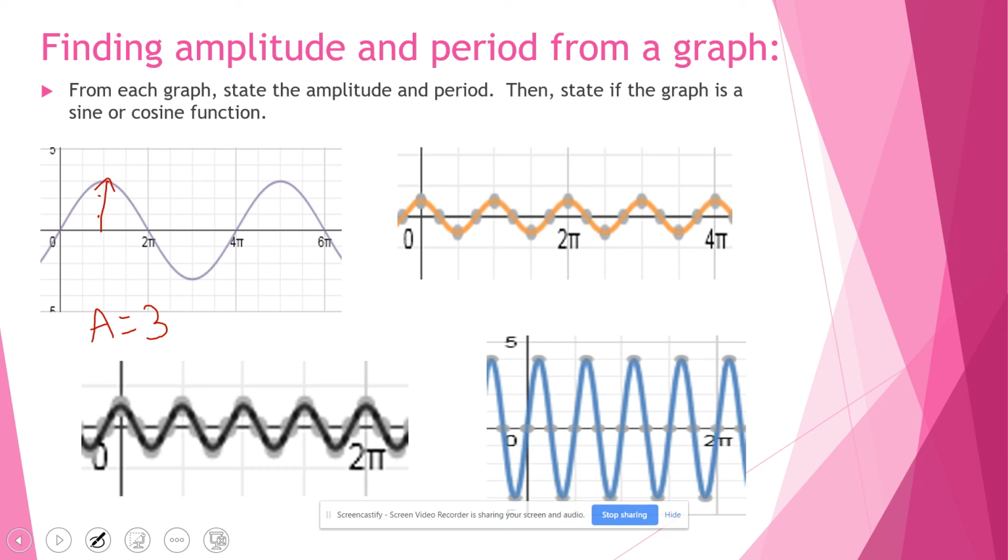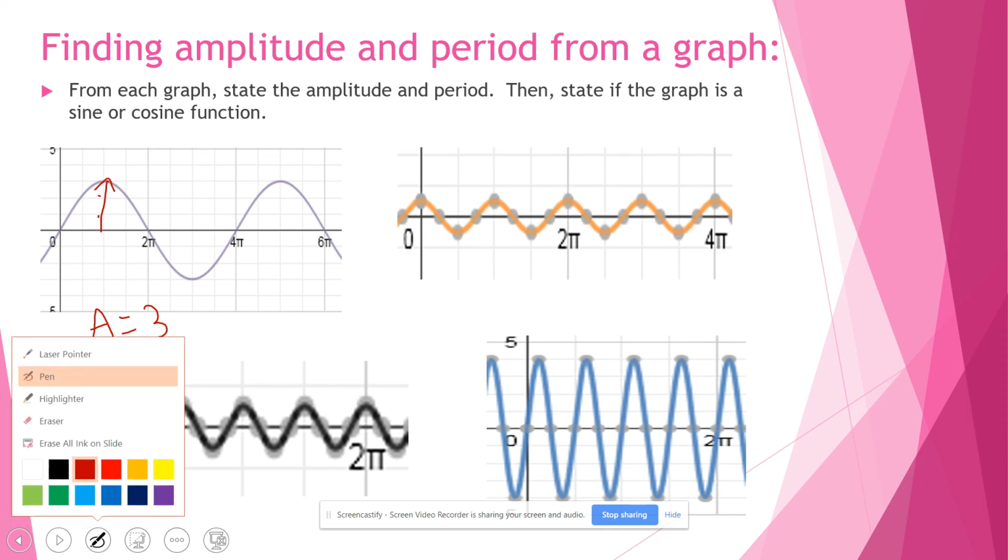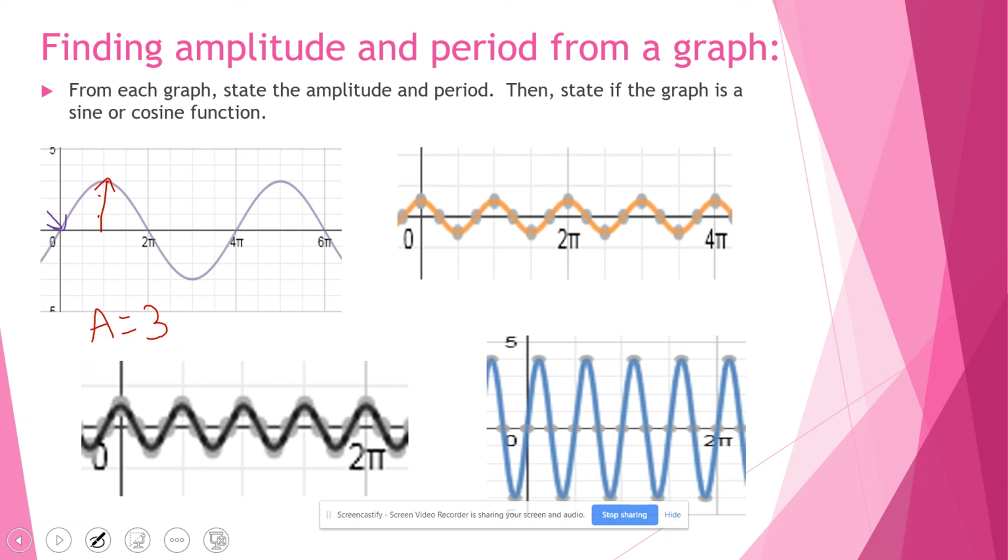The period, remember, you count 5 points. So I'm going to change colors here. We've got 1, 2, 3, 4, 5. So the period is 4 pi. Last but not least, is it sine or cosine? Remember, sine starts at 0, 0. So since this graph starts at 0, 0, this is a sine function.